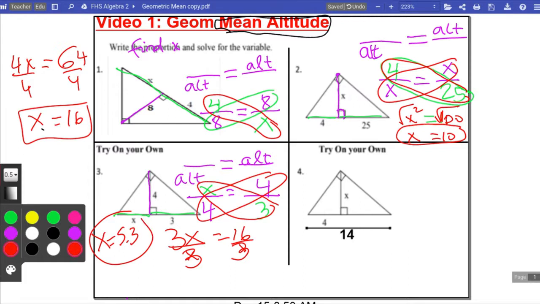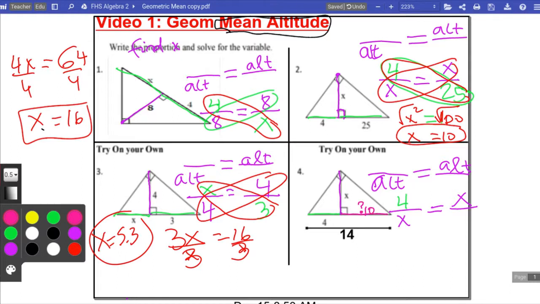All right, last one. Altitude on the bottom left, altitude on the top right. Altitude is x. Leftovers: leftover number 1 goes right there. What will be the leftover for this one? Do you see that that will be 10?